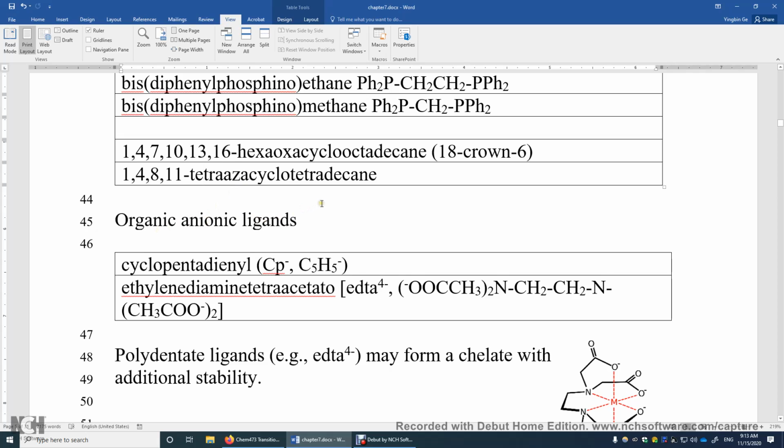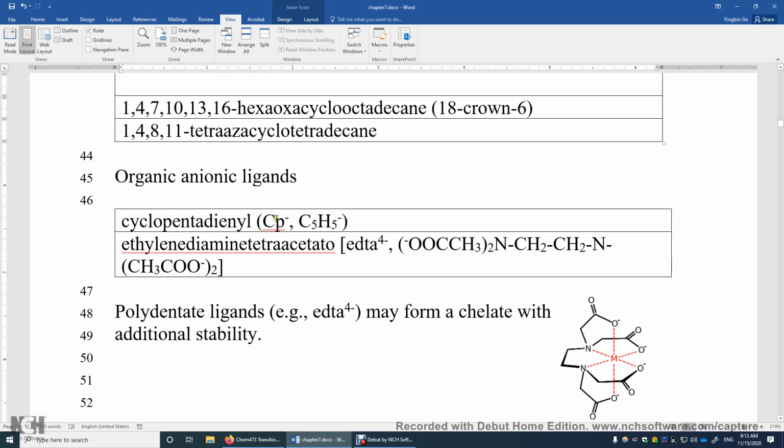Organic and ionic ligands, cyclopentadiene, this is an aromatic ring. C5H5 minus. Again, this is because you have 4 conjugated pi electrons, and then you have a CH minus with a p orbital occupied by 2 p electrons.